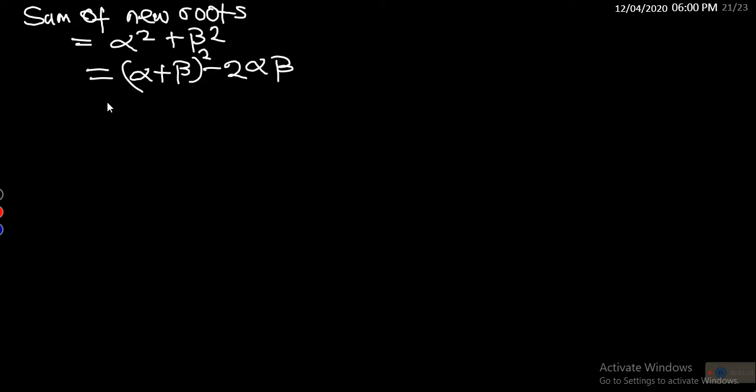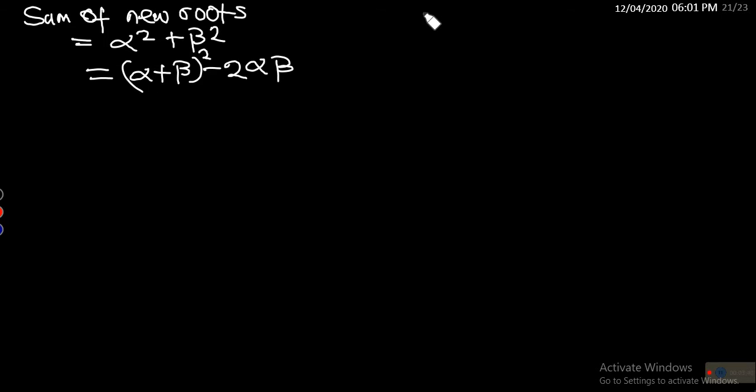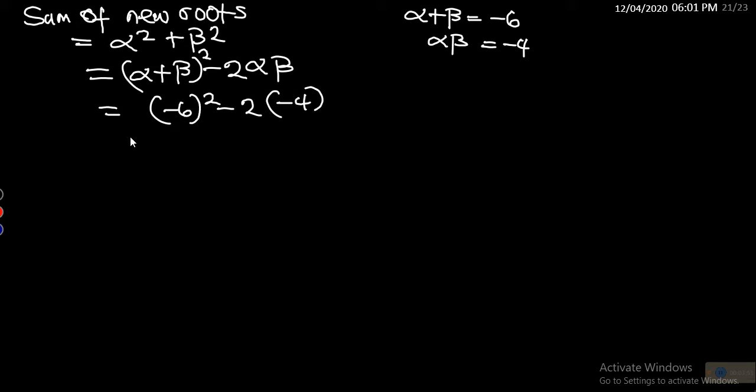So here, the sum of the roots from above is minus 6, and the product of the roots is minus 4. If we substitute that, we have minus 6 all squared minus 2 times minus 4, and this gives us 36 plus 8, which is 44.